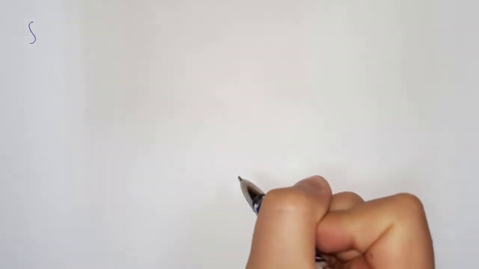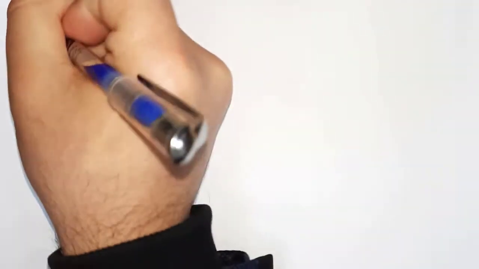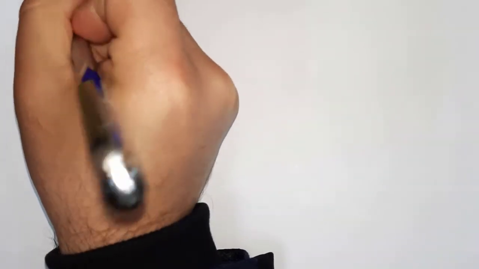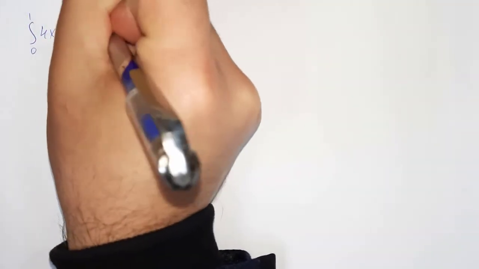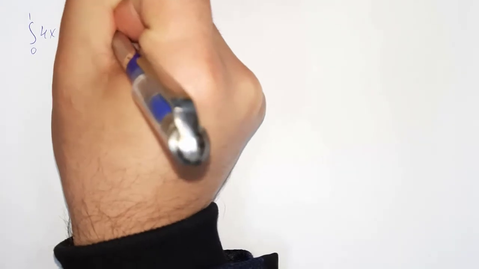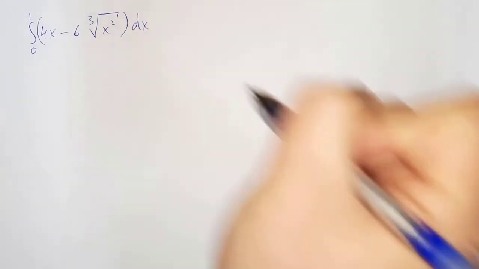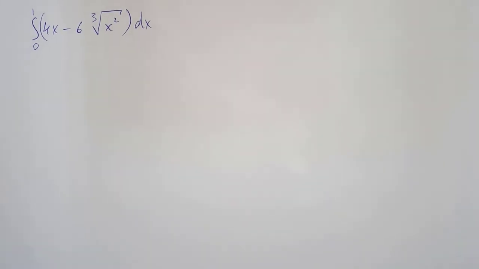Let's consider the next example. Find the integral from 0 to 1 of (4x minus 6 times the cube root of x squared) dx. If you know how to find indefinite integrals, we can easily find definite integrals by the Newton-Leibniz formula. Here we do the same work.